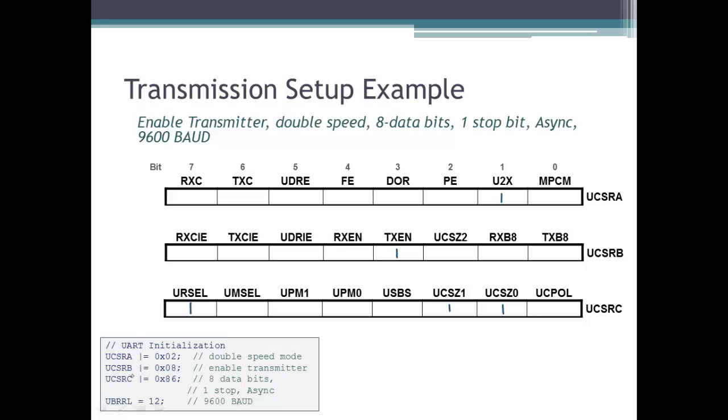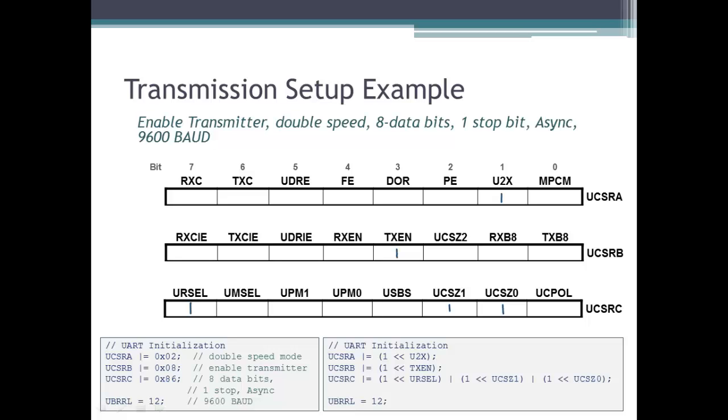Now I wanted to bring up an alternative method for writing this syntax, which is shown on the right. This was covered in an earlier tutorial, but these register writes accomplish the same thing as what is listed on the left. You'll recall from the earlier tutorial that the avr/io.h header file, which contains the mappings for these register names like UCSRA to their address in the controller itself, also contains names for the bit positions in each of those registers.